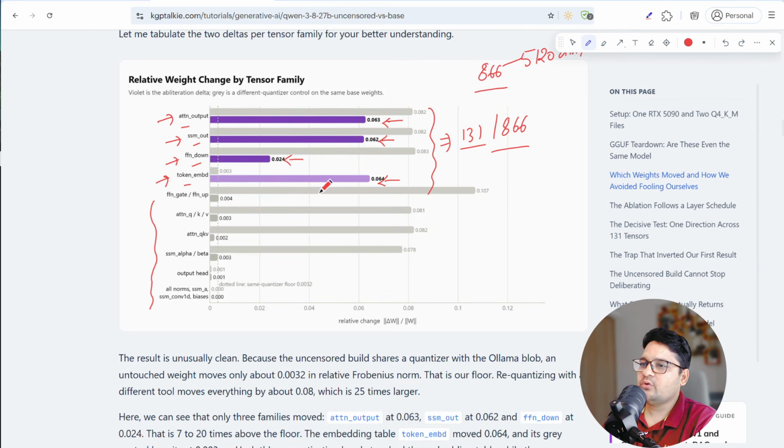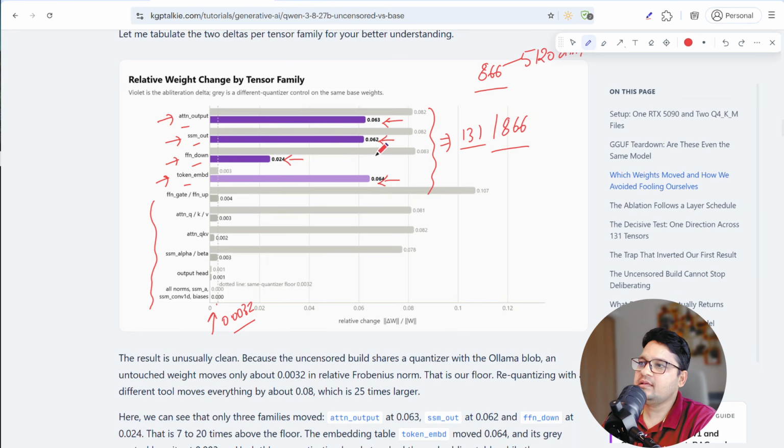Apart from that, one more thing I want to tell you. This dotted line which you are currently seeing says 0.0032. This is the base standard deviation which I'm considering. If any weight deviation between the uncensored and the stock model is larger than this, then we say that particular model weight is modified.